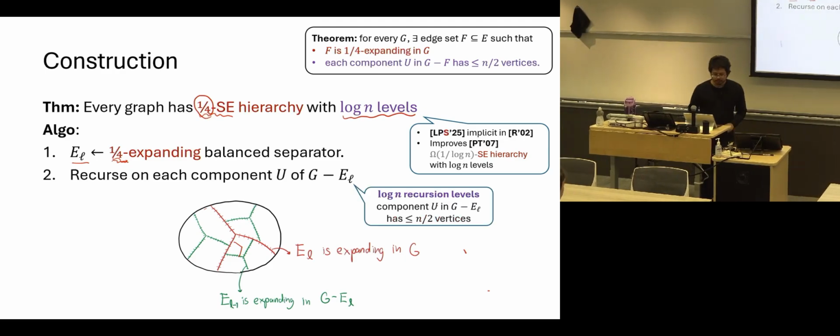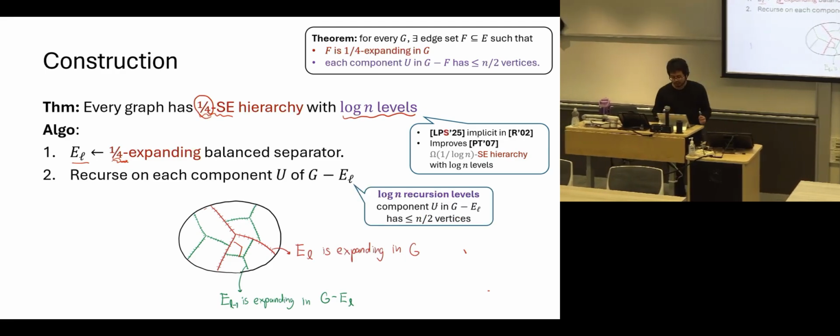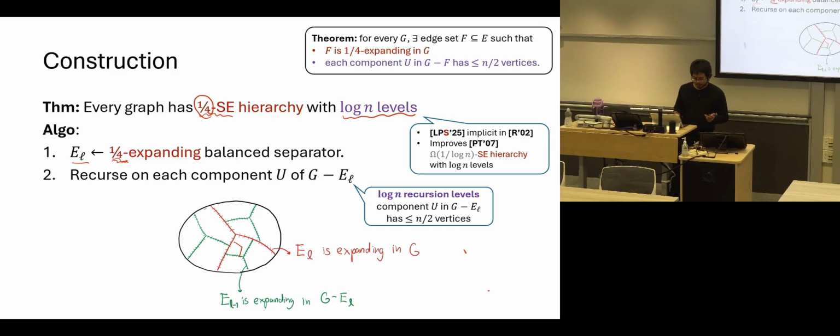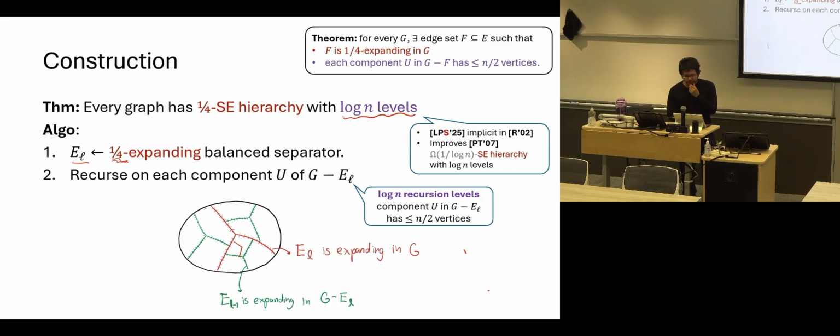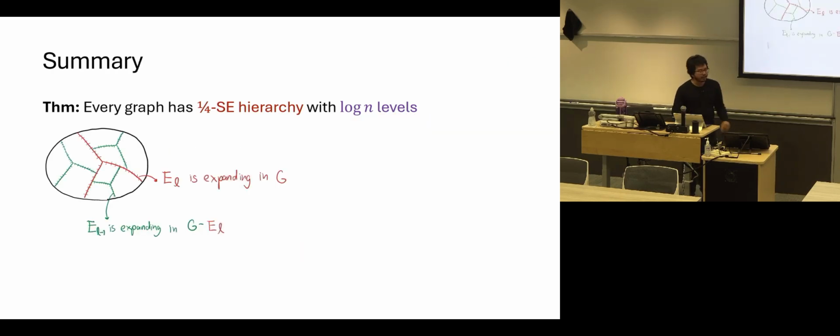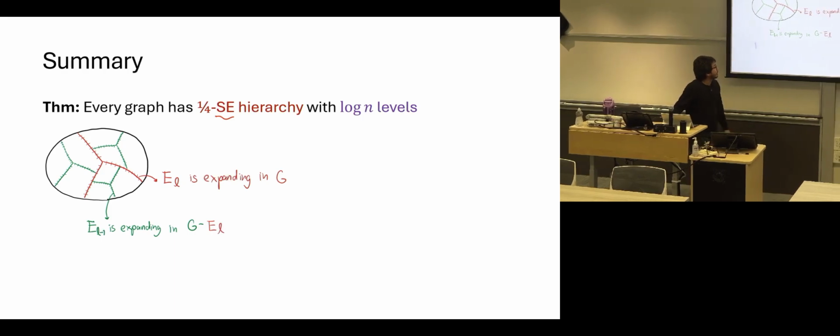So really simple to obtain, and actually this is the state of the art. It already improved what was known some years ago. So this is what we have. For any graph, you can build a 1/4 separator expanding hierarchy, which I'll just call SE hierarchy from now, with log n levels.